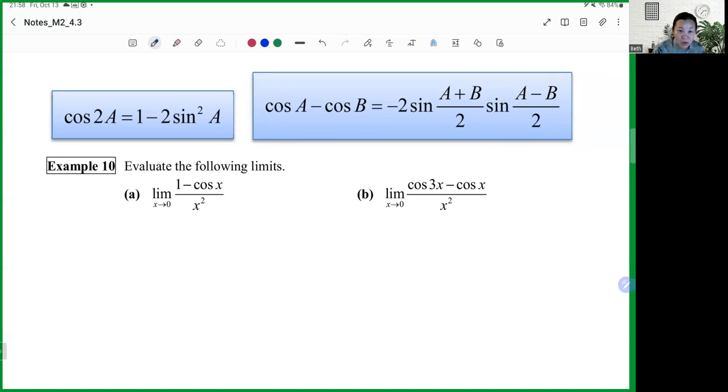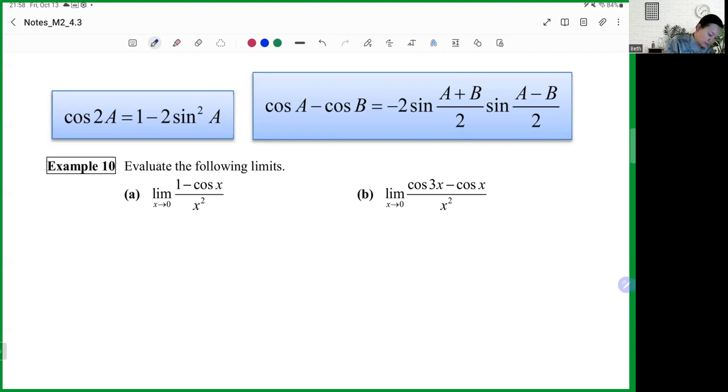So whenever you see 1 minus cosine, it has to be changed to sine. And there are many ways to change cosine to sine. One of them is known as the double angle formula. Tonight, you don't have to study all the identities again, just the double angle formula, okay? Just this one.